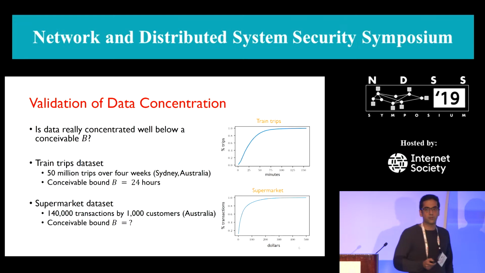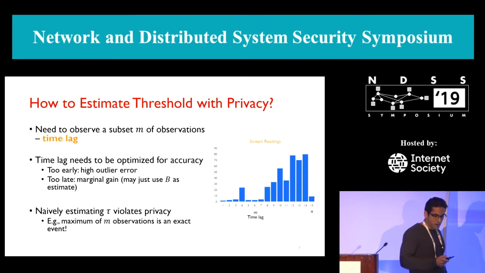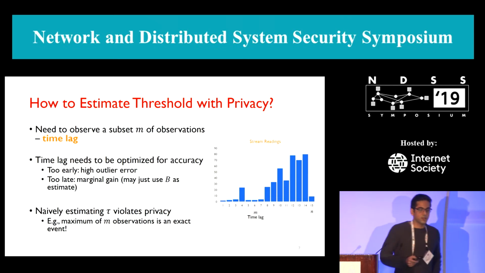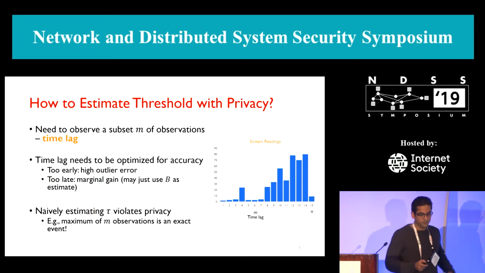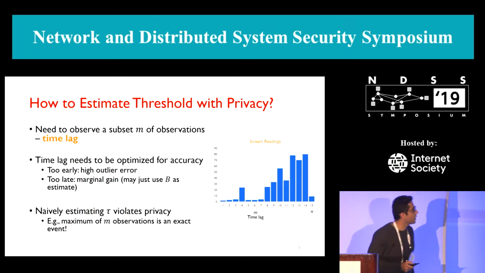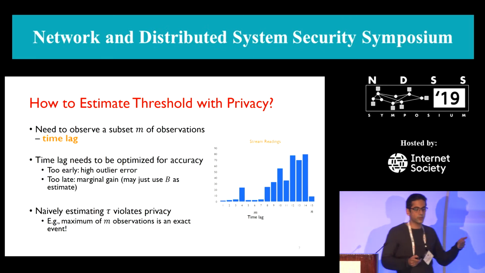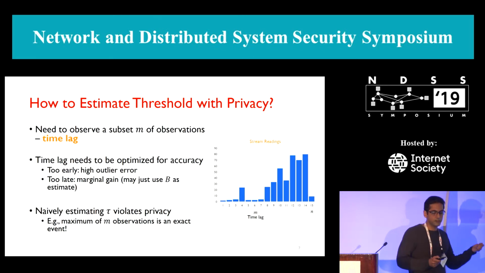during a supermarket visit. Now the question is, how can we estimate this threshold with privacy? First thing we found out is that we need to actually wait until a certain number of observations, which we call the time lag. This time lag needs to be optimized for accuracy.